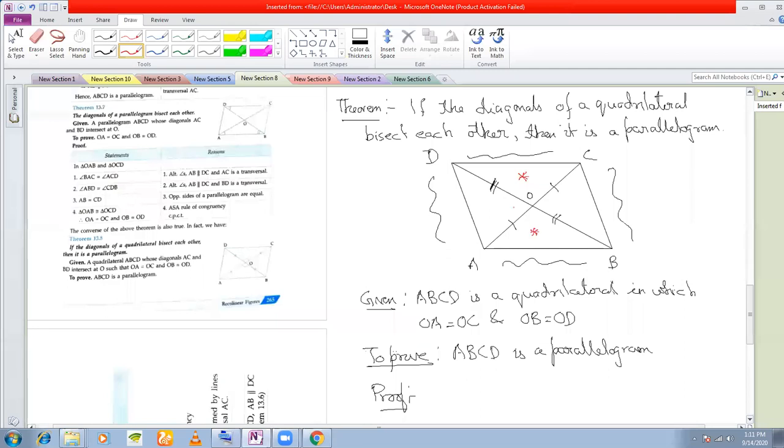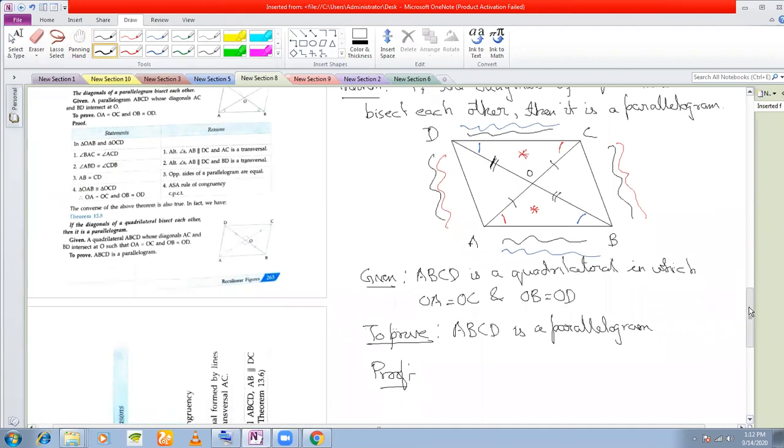Once we show that, this angle must be equal to this angle, but these are alternate angles. Therefore, this side must be parallel to this side. Similarly, by CPCT, this angle must be equal to this angle, but again these are alternate angles. Therefore, this side is parallel to this side. So therefore, it is proved.